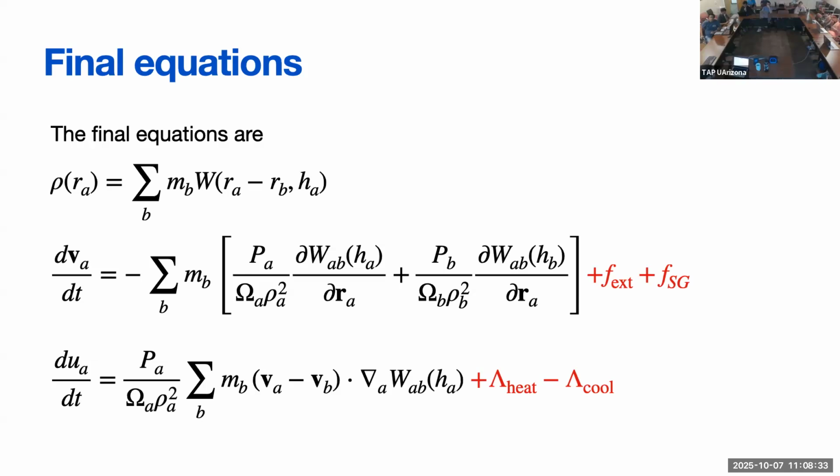And I remind you that if you really want to see how you can discretize a gravitational potential or a radiative cooling term, I will send you the references to see what exactly you need to do. It's just math. There's nothing particularly interesting within it, I think.